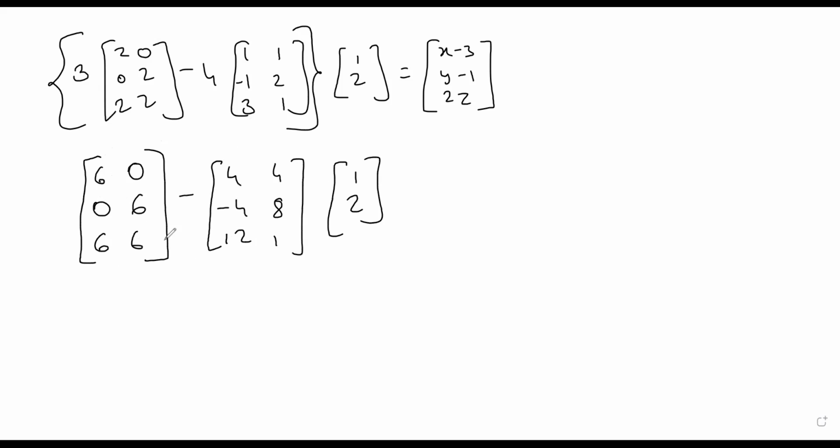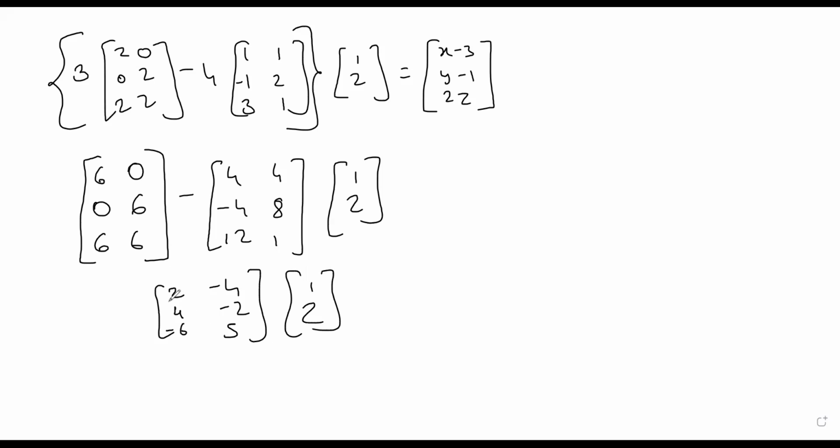So this is 6 minus 4, 2. 0 minus 4, minus 4. 0 minus of minus 4, 4. 6 minus 8, minus 2. 6 minus 12, minus 6. 6 minus 4, 2. This is multiplied by 1, 2.